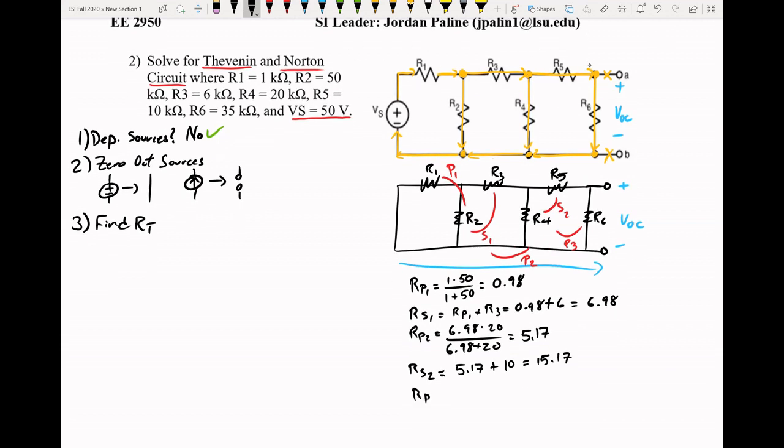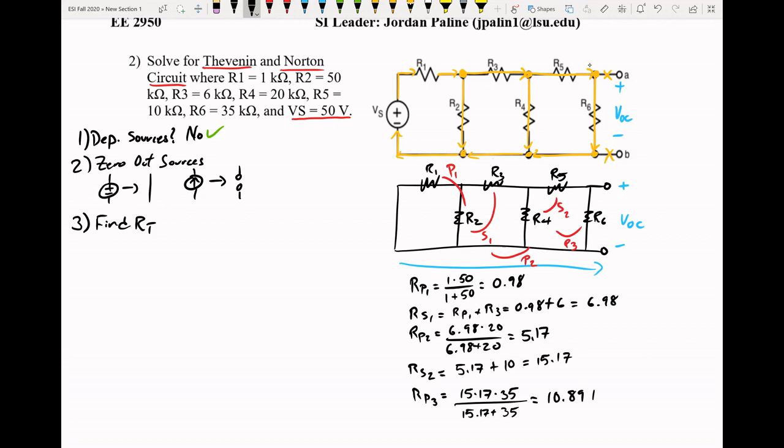Then R parallel 3 is going to be 15.17 times R6, which is 35, over 15.17 plus 35. And what will that give us? Looks like this will give us 10.89.